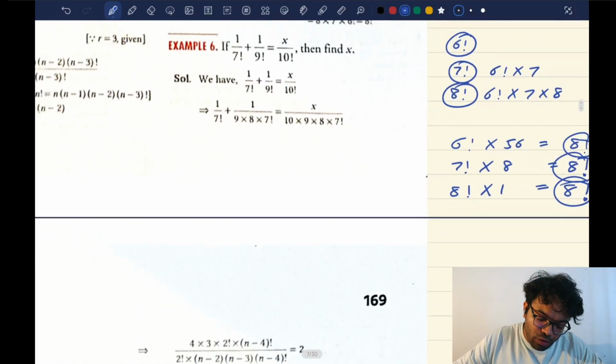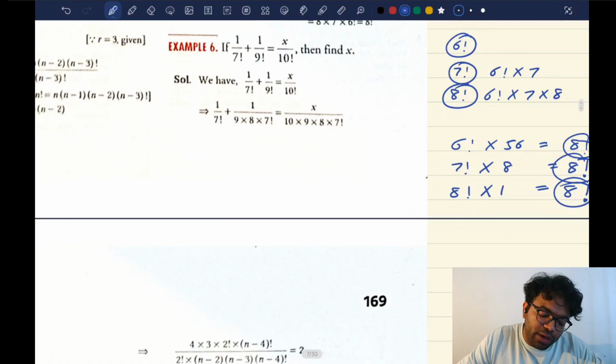Next one. So you have 1 upon 7 factorial plus 1 upon 9 factorial is equal to x upon 10 factorial. If I make the denominators the same, what do I get?